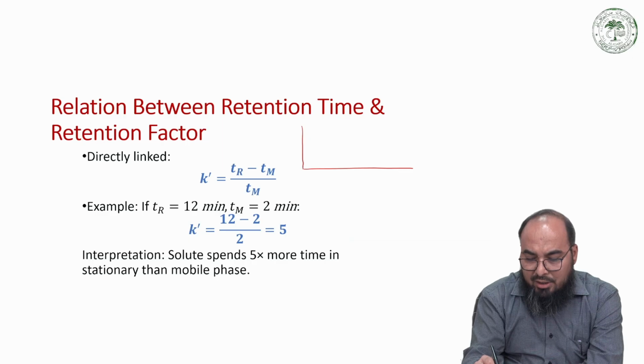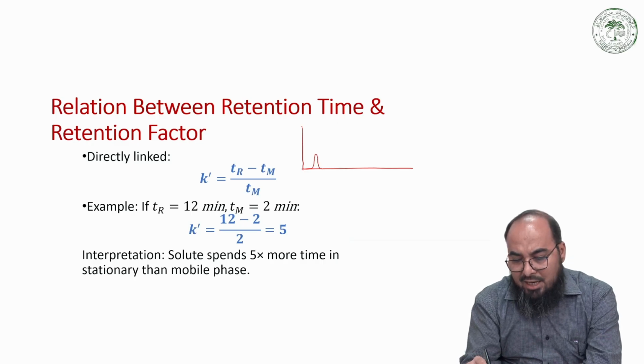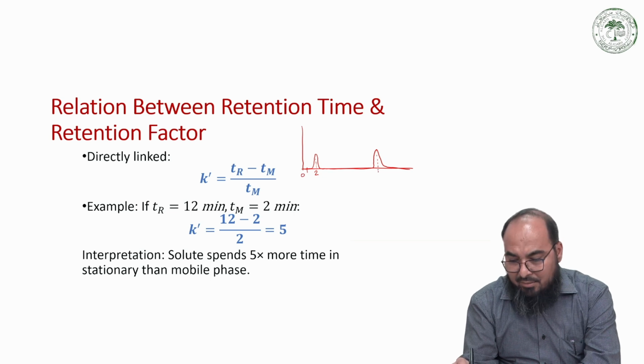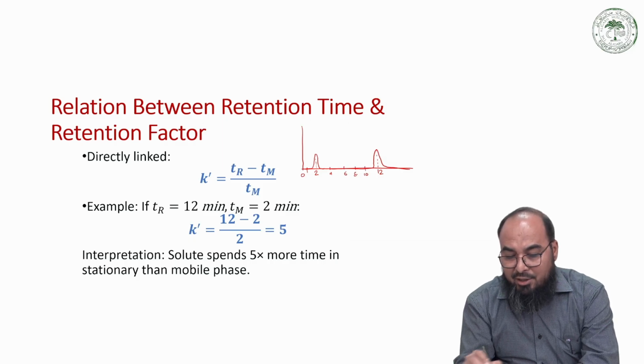If you draw a chromatogram, you have Tm coming at 2 minutes, then you have the Tr which is coming at 12 minutes. Now you have 4, 6, 8, 10, and 12.